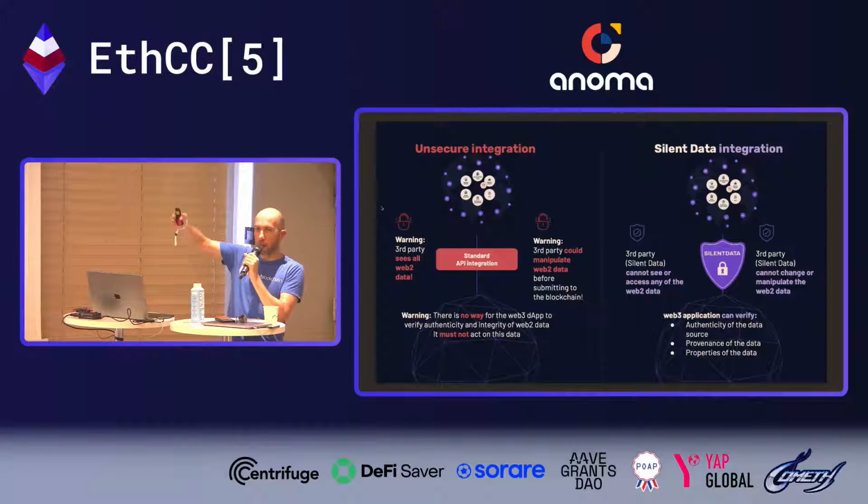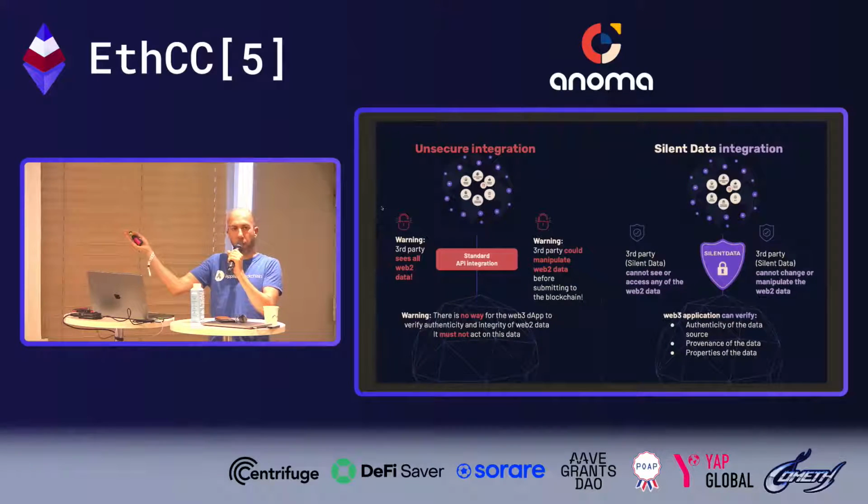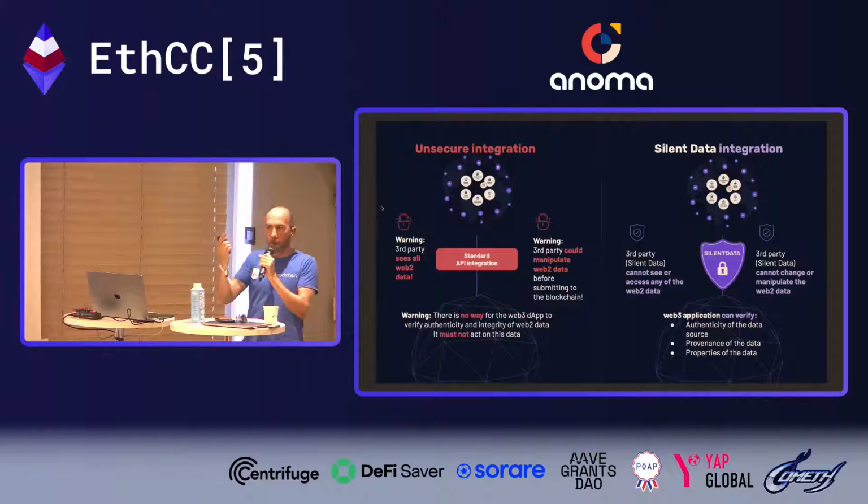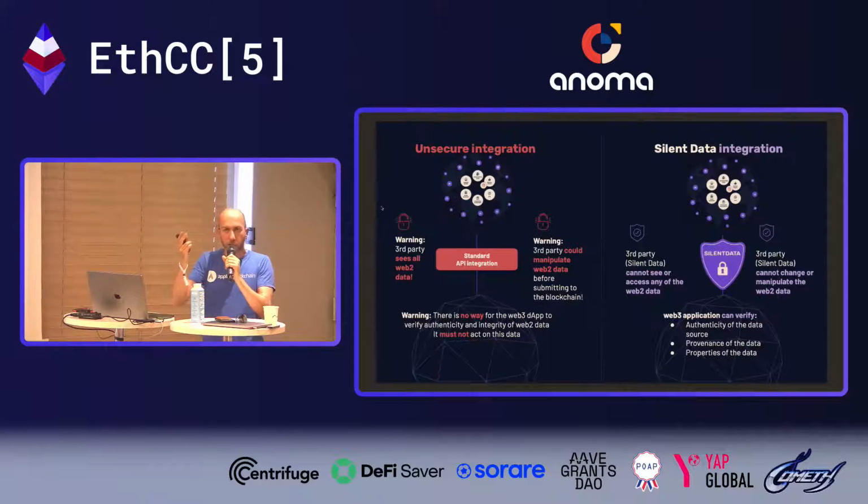So there's nowhere in the middle where we could intercept or see that data. It goes straight into the enclave encrypted. Once it's in the enclave, we can query it, and then we can produce a cryptographic proof proving some properties of that data, which we can then send to the blockchain. So we have privacy.